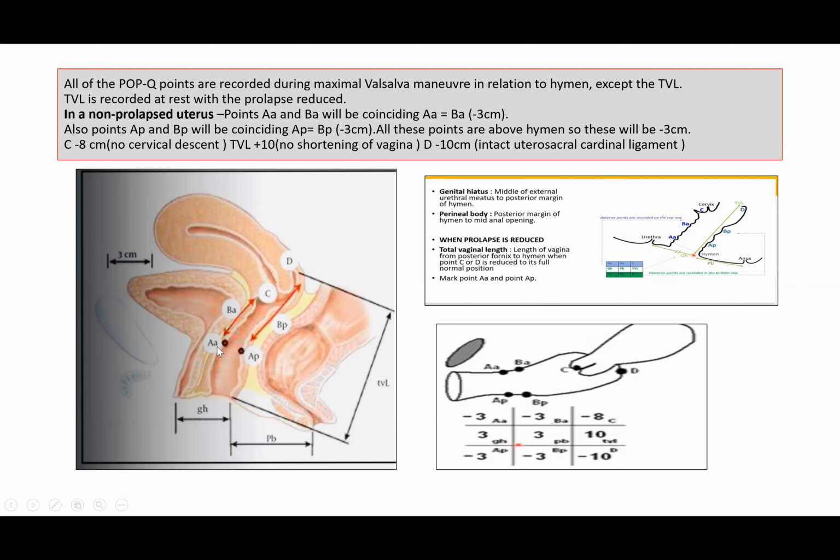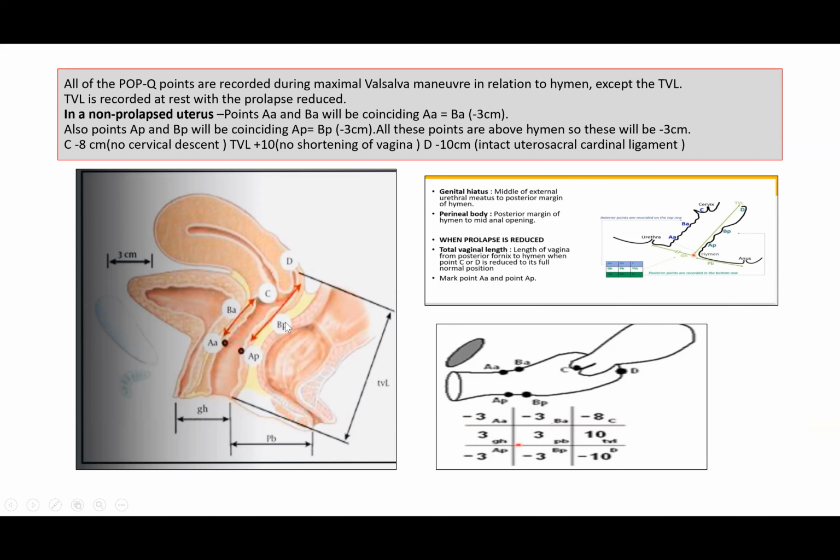When there is no prolapse, it is minus 3 centimeter, and this is also minus 3 centimeter. When there is prolapse, the maximum descent of AA will be up to plus 3 centimeter and AP will be plus 3 centimeter. Likewise, for points BA and BP, when there is maximum descent, it will correspond to the total vaginal length.